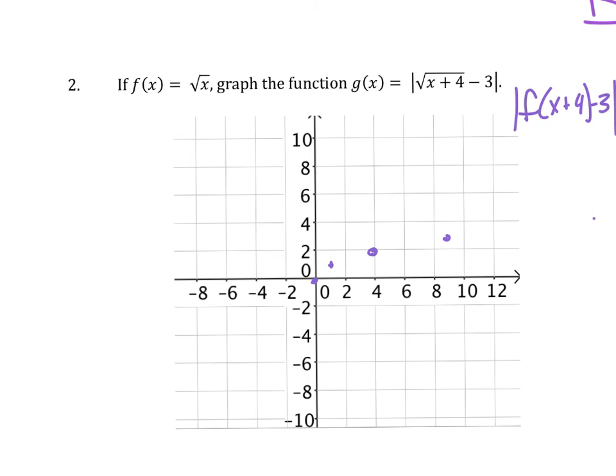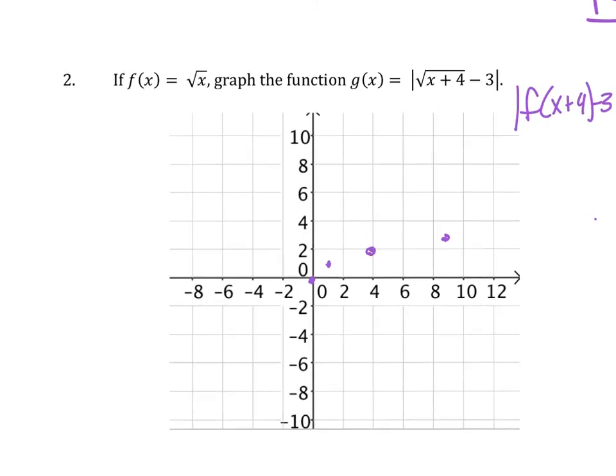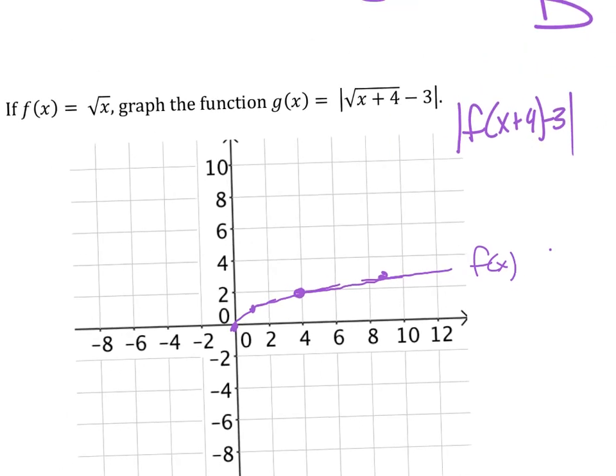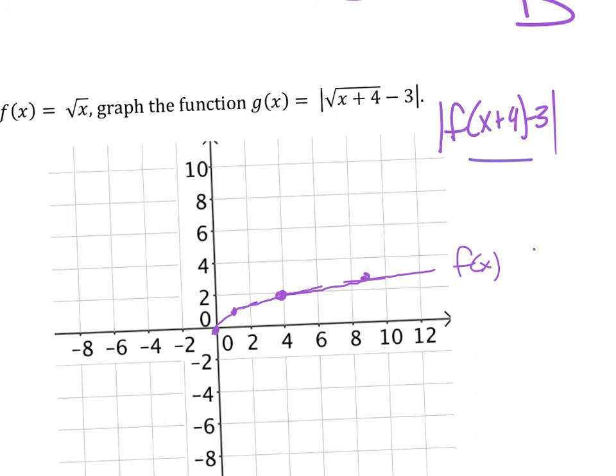So I can sketch the parent function. Very nicely leaving little gaps for me. Thank you. So that's f of x. Now let me do the inner transformation of f of x. That's going to be a shift to the left of 4 and down 3. I'll change the color too, let's see, green.